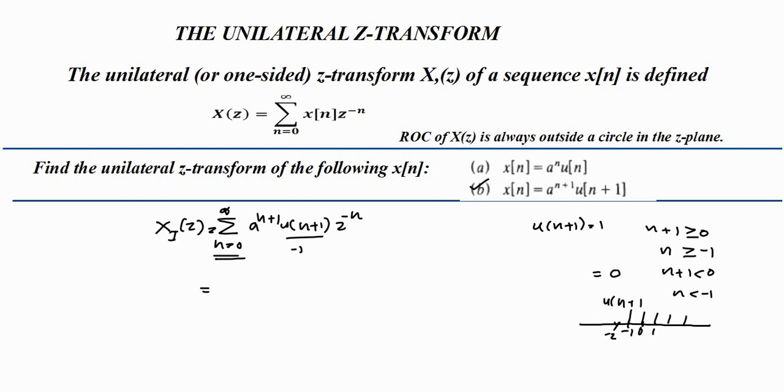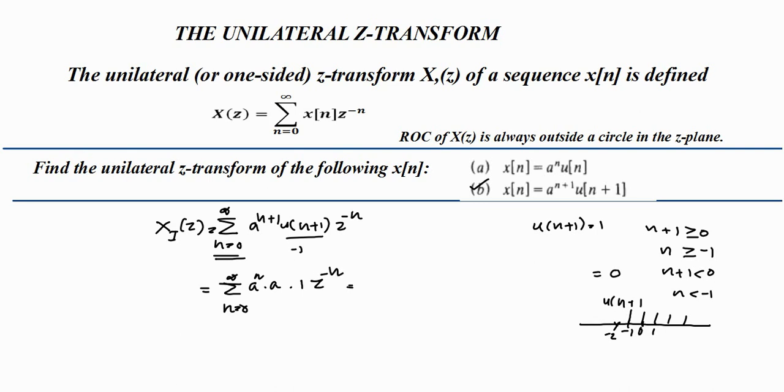So from n equal to 0 onwards the function magnitude is 1. So I can rewrite this equation: sum from n equal to 0 to infinity of a raised to n plus 1, you can write a raised to n into a, and u of n plus 1 is equal to 1, and z raised to minus n.